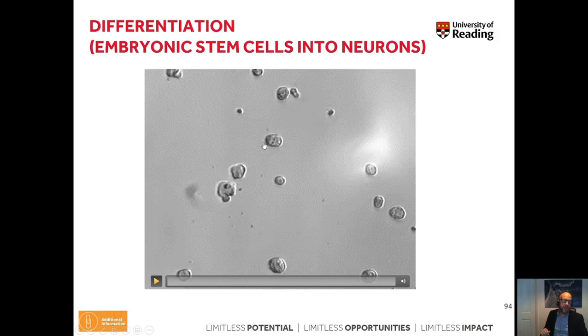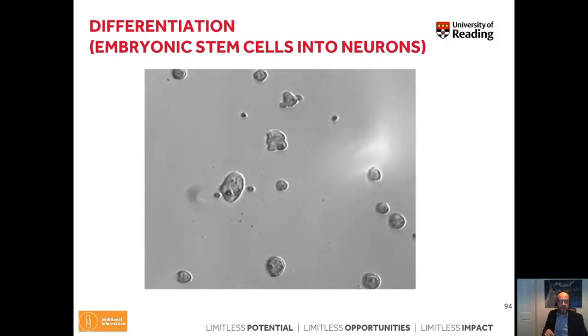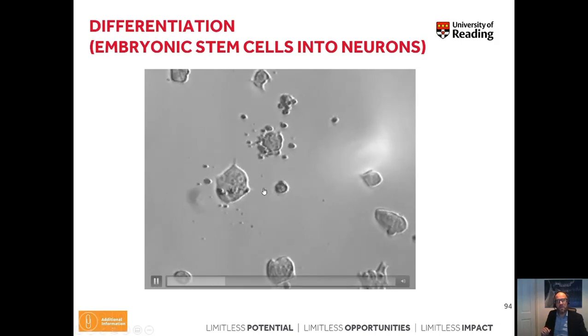Undifferentiated embryonic stem cells are quite small and they appear fairly roundish, and each of those circles represents one stem cell. If we now artificially introduce cell division or differentiation signals into the cell culture, this results in a quite rapid and actually quite dramatic change of the shape.